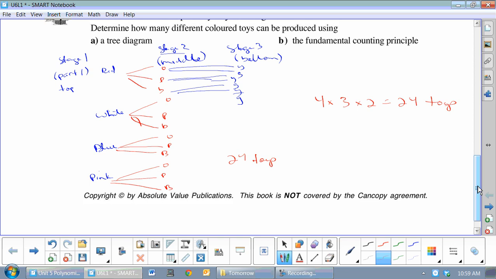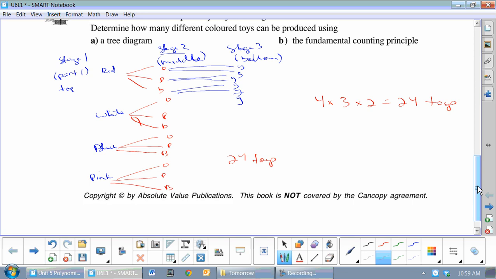Now, the question I would pose to you is how many different toys would there be if you were colorblind? You can't see colors at all. You guys are no fun.